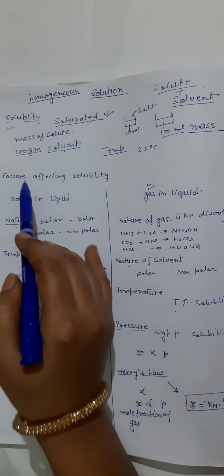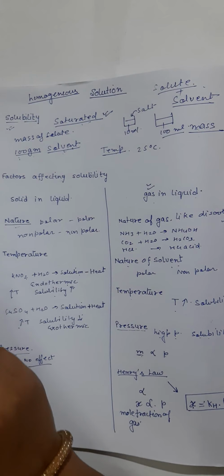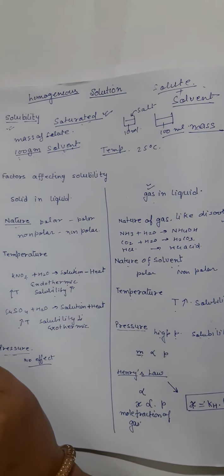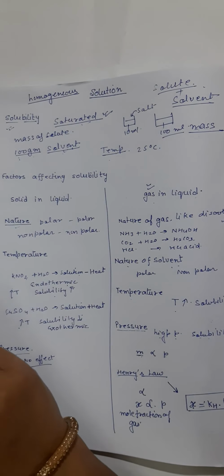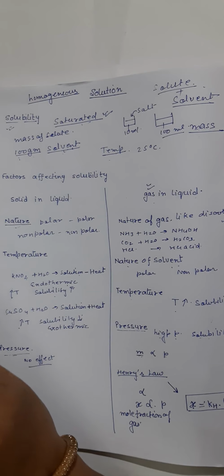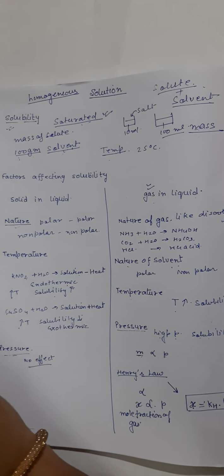As a standard we have taken 100 gram of solvent, and whatever amount of solute is required to prepare a saturated solution, that is called the solubility. But in this case temperature also plays a very important role. If we dissolve solute at two different temperatures, the amount of solute dissolved will vary.